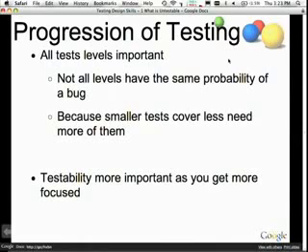So all of these different levels, as I said, are important because you have different probabilities that you're going to find a bug. But they're different kinds. As I said, unit testing is all about, does it do the right thing? Whereas the other extreme is, is it hooked up properly? And then everything in the middle, the medium tests, test a little bit of both.